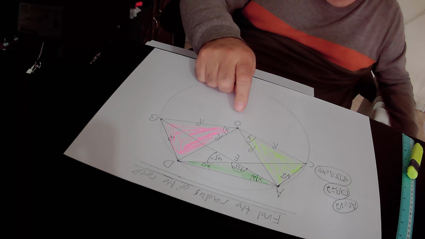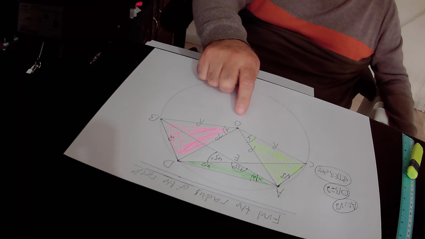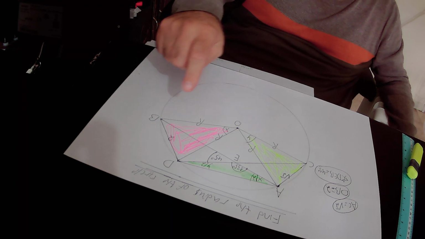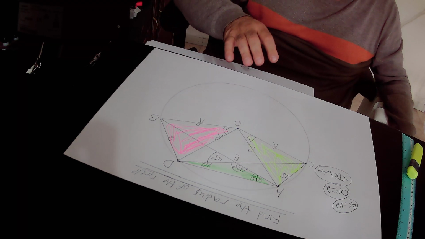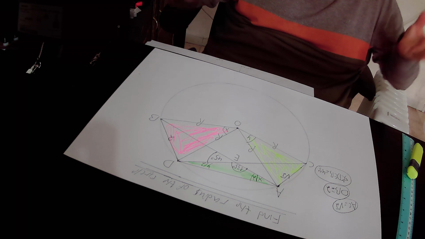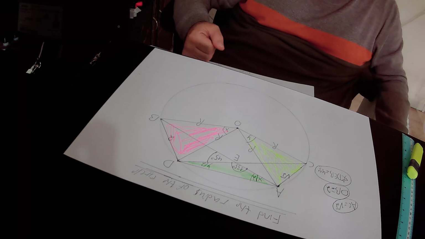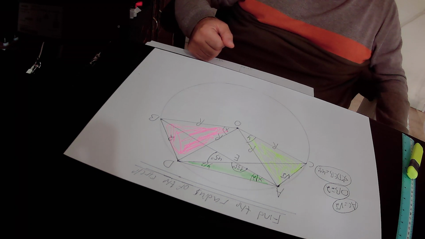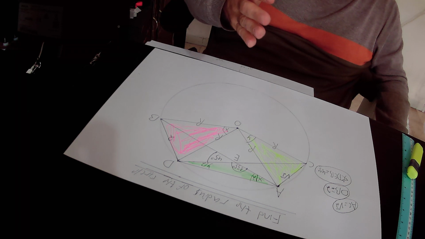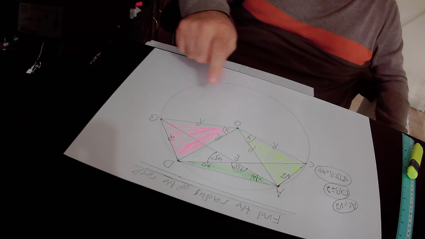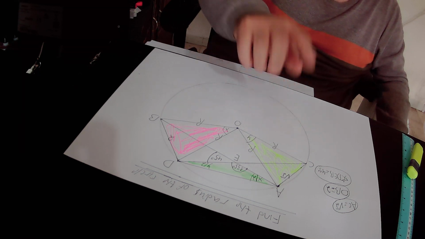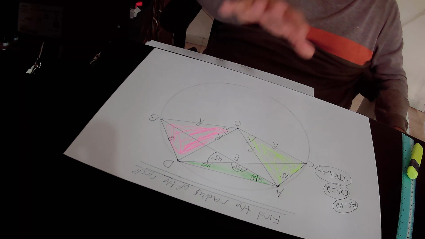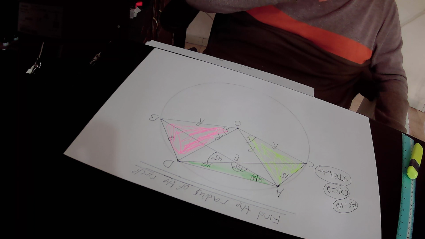Because they start from the center of the circle and end at points B, D, A, and C that are on the circle itself. And this is exactly the definition of a radius. So we define the radius of this circle as R. So OB equals OD equals OA equals OC equals R. They are all the radii of this circle.